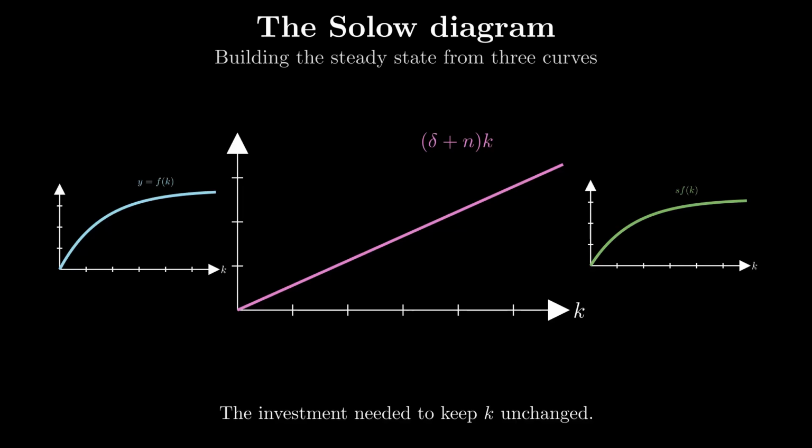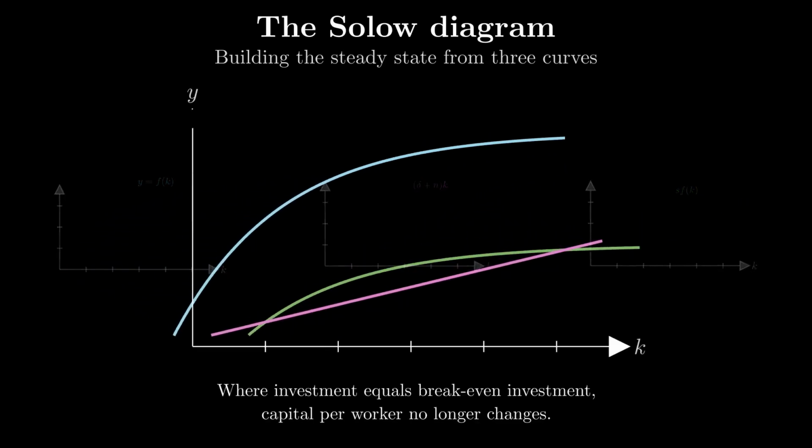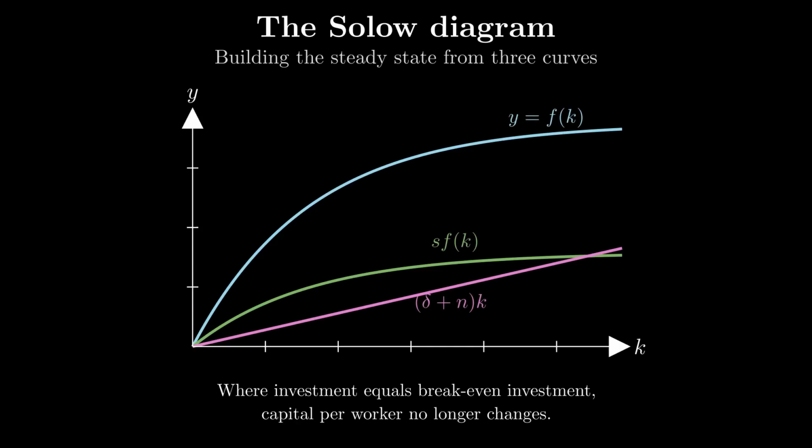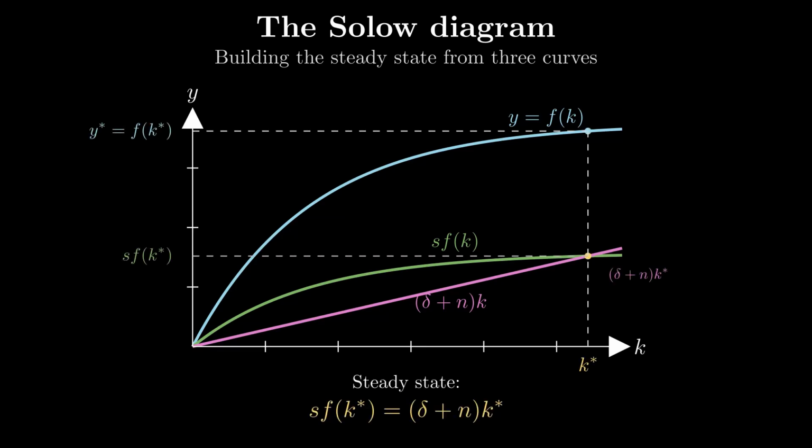It is the amount of investment needed just to keep capital per worker constant. When investment equals break-even investment, capital per worker no longer changes. And this point is what we call the steady state.